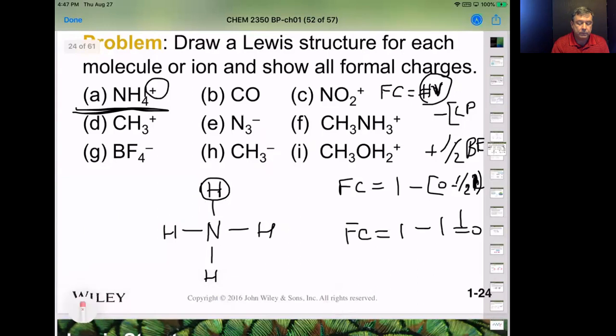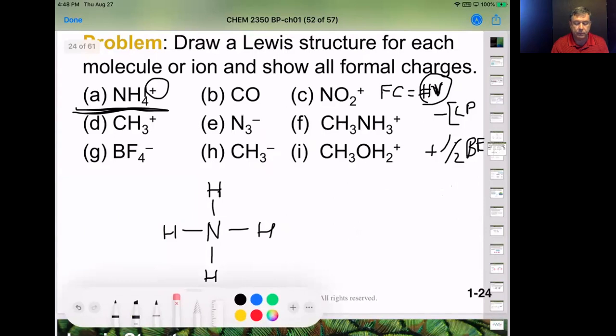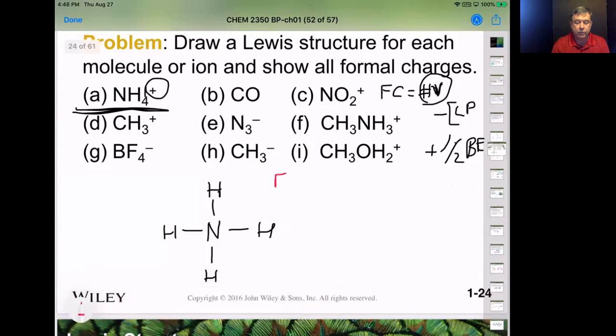Okay, well, to make sure that we're doing this right, let's go ahead and do the same calculation for nitrogen. The formal charge is going to be equal to the valence electrons the nitrogen had as a neutral species. So we're going to move over to red here. Nitrogen right here is in the 5A group, which means it had 5 valence electrons that it brought to the party. So we're going to start with 5 here. We're going to subtract from that all the lone pair electrons, okay?